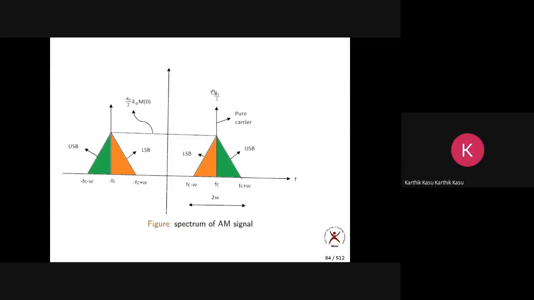But the impulse is for what? It is for the carrier. I told you already. Pure carrier means unmodulated carrier; if I say carrier, by default it is unmodulated. So this is the carrier component.